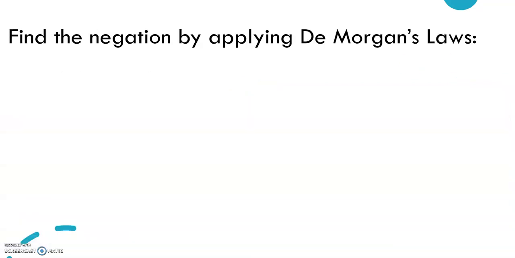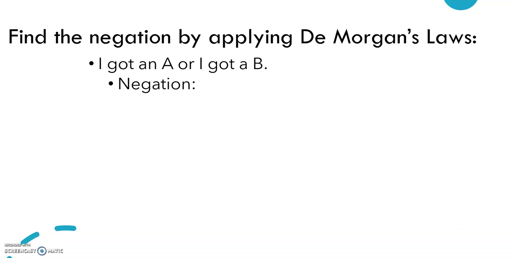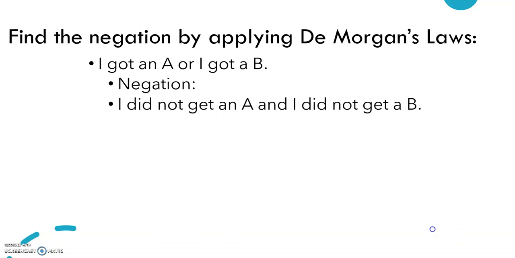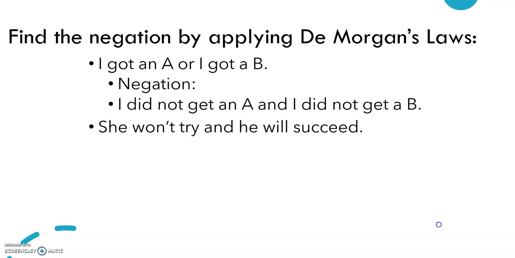Find the negation by applying De Morgan's laws. I got an A or I got a B. The negation: I did not get an A and I did not get a B. She won't try and he will succeed.